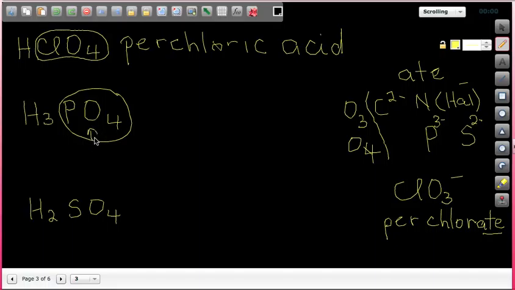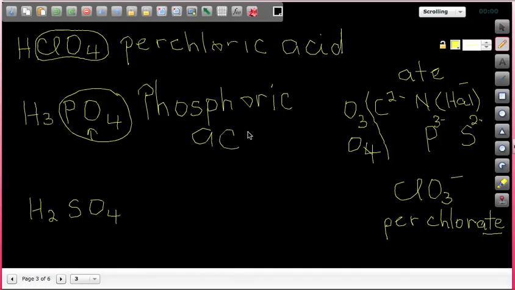I see it's ending in an -ate, so the entire acid would be phosphoric acid. Again, SO4, I determined that SO4 2- is sulfate, so this will turn out to be sulfuric acid.